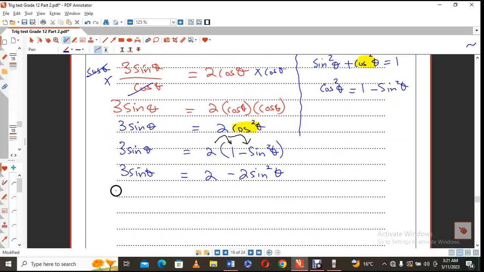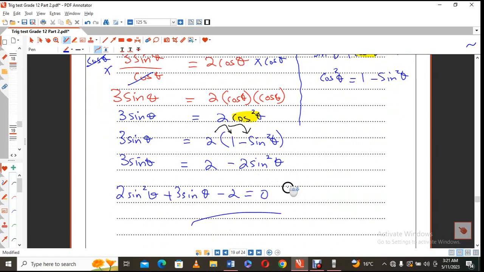Good. So from here on, you just bring over the other term. So it's 2 sine square theta, if I bring it to the left, plus 3 sine theta minus 2 equal to 0. And we have just proven that.